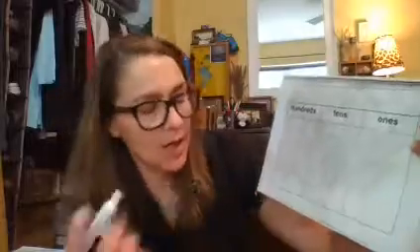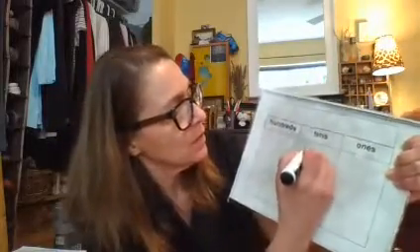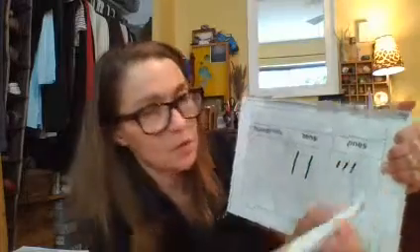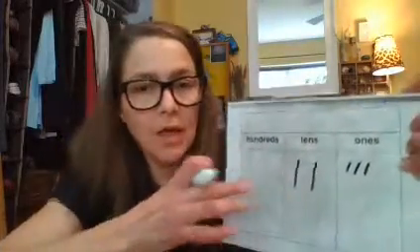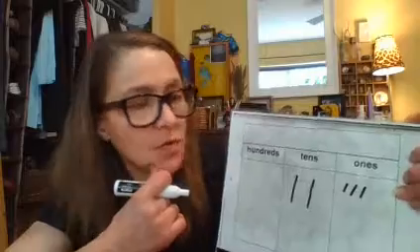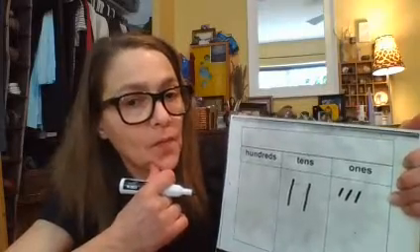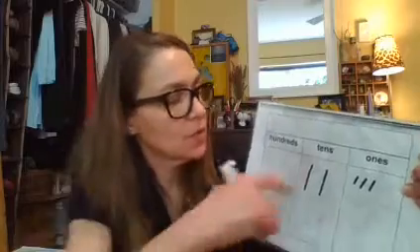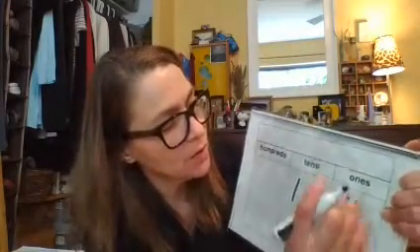Okay, so we have 23, so we have 1, 2 tens, and 1, 2, 3 ones. Now remember, you don't have to draw the lines in the tens, okay, because that takes up too much time. You just have to draw them as longs, and then the ones are smaller, and you can actually draw them as little dots.